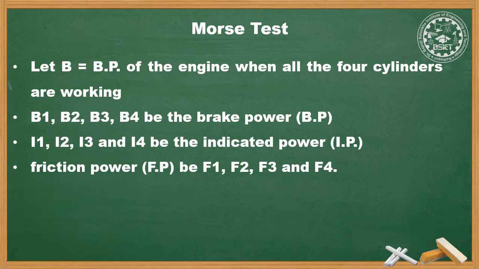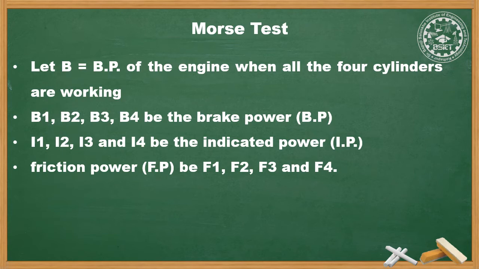If cylinder 1 is cut from the operation, the speed of the engine decreases. In order to restore the original speed, the brake load is reduced. This is done in order to keep the friction power constant with one cylinder cut off.